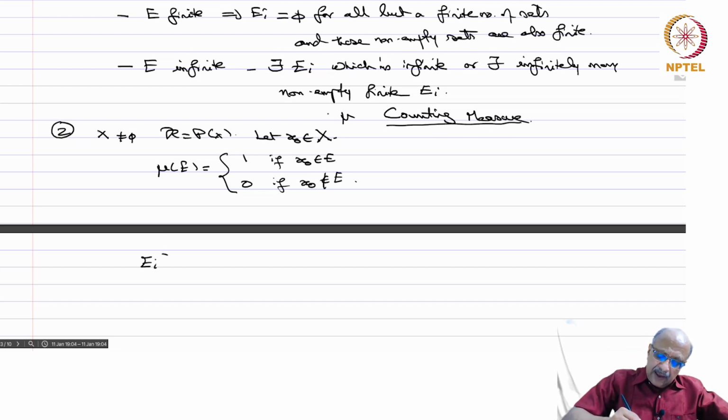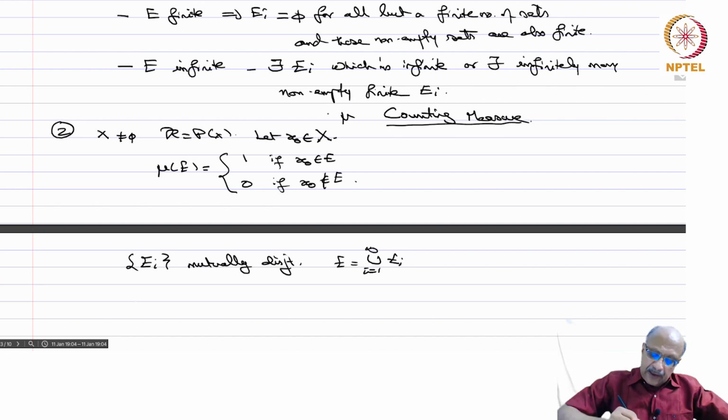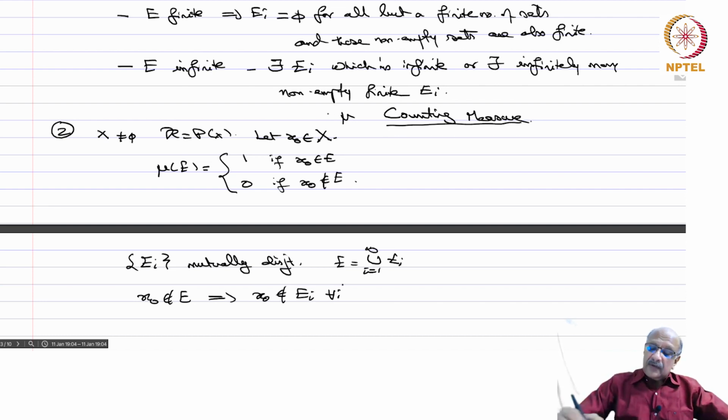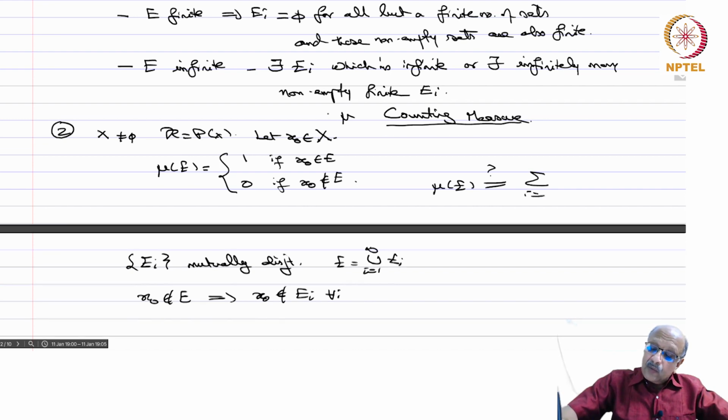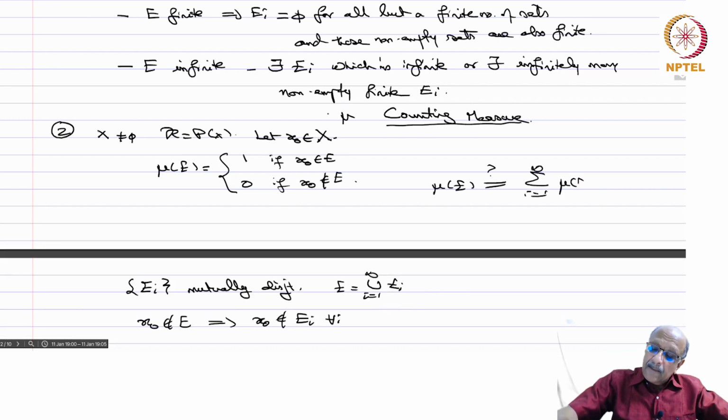So if the Ei are mutually disjoint, and E equals the union for i equals 1 to infinity of Ei. If x naught does not belong to E, this implies x naught does not belong to Ei for all i. We want to know if mu of E is equal to the sum for i equals 1 to infinity of mu of Ei.